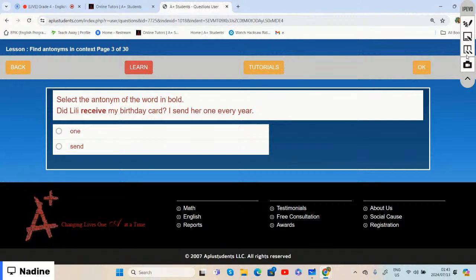Did Lily want my birthday card or did Lily send my birthday card? And yes, the opposite of receiving something is to send.